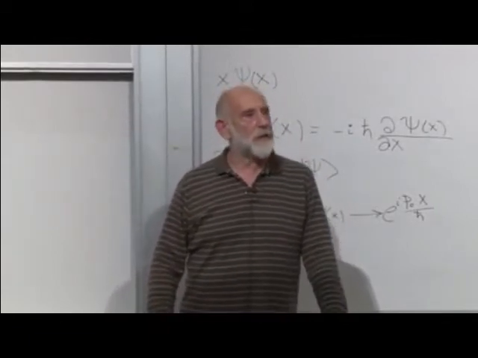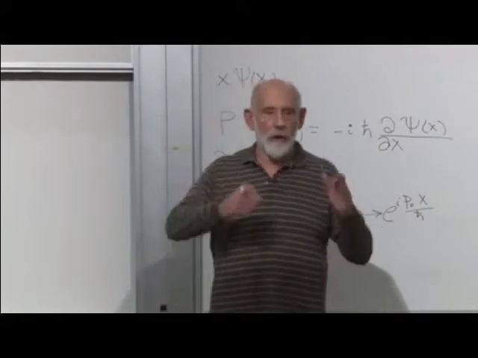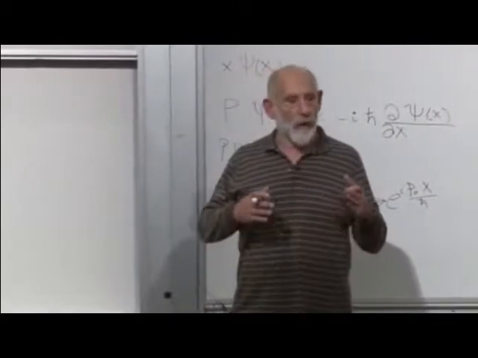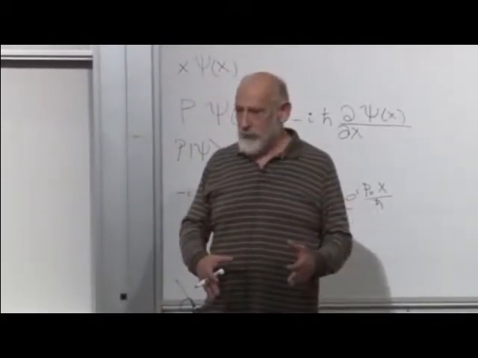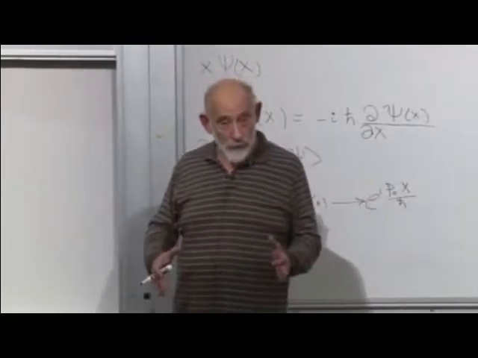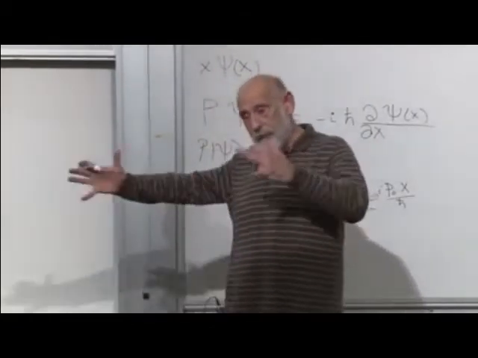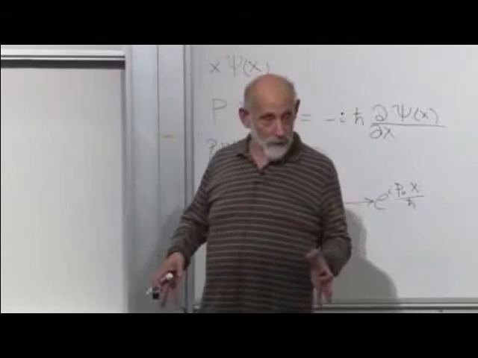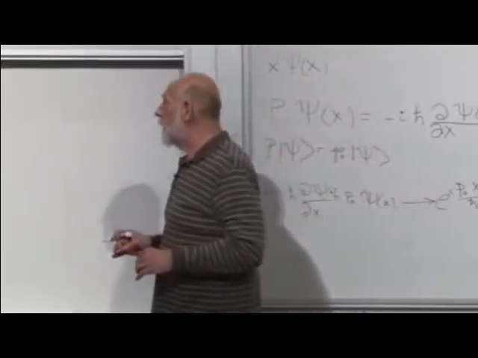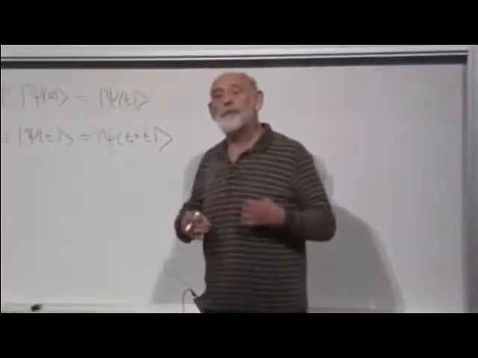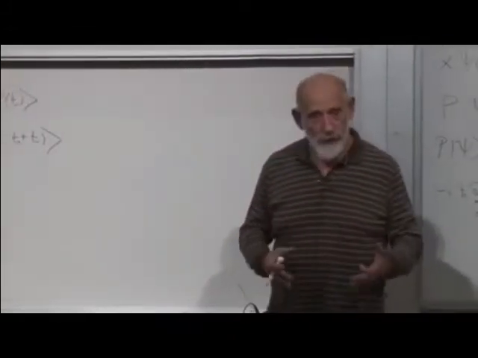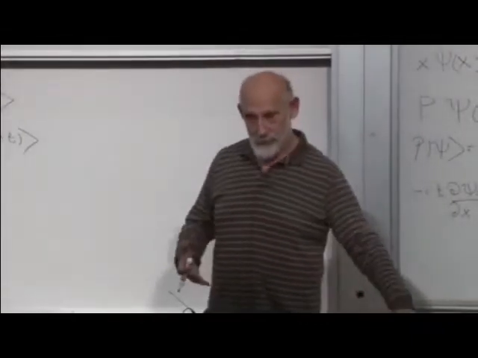In quantum mechanics, what it means is that if you start with two vectors, two states, which are observably different, which cannot be confused, in other words, which are orthogonal, and you let both of them evolve, they will stay orthogonal. It will not happen that two states that are observably different will evolve into states which are not observably different.